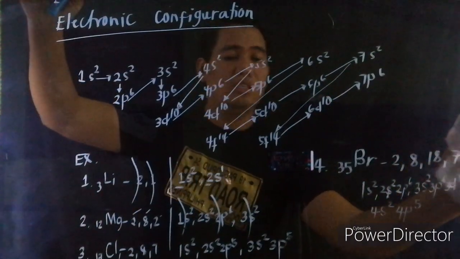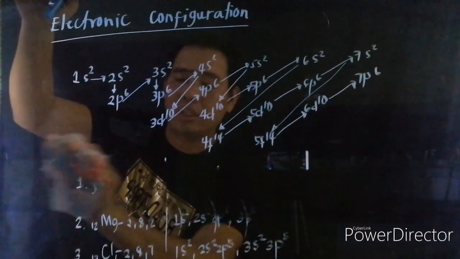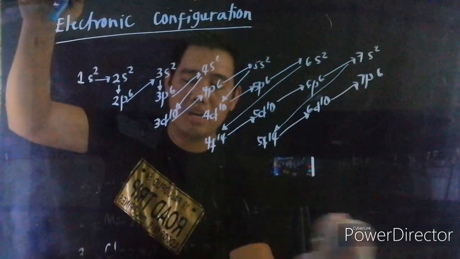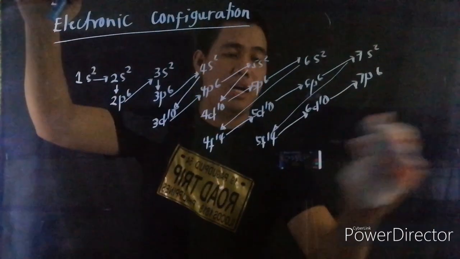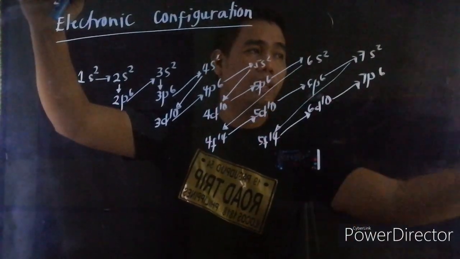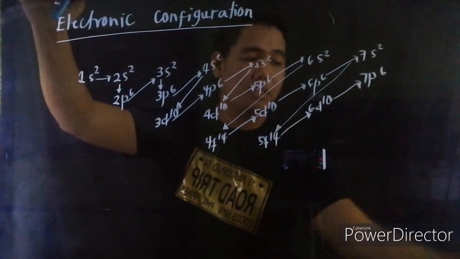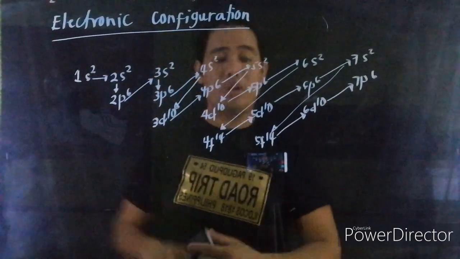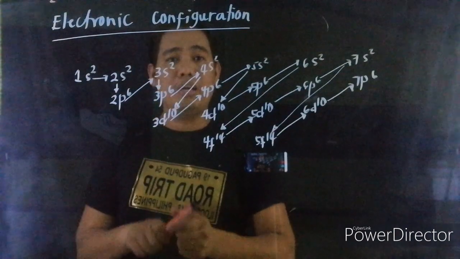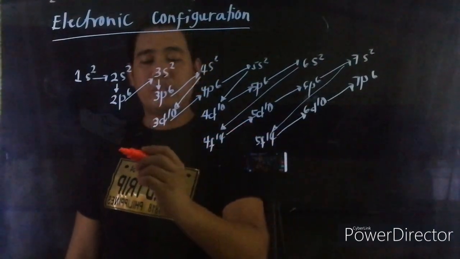Okay, so I will teach you the shortcut, the one that you see in your periodic table. There is an annotation at the bottom of each element or atom using the core electron.